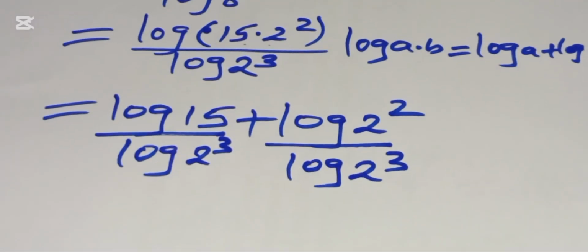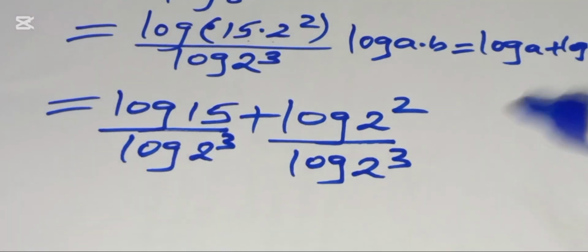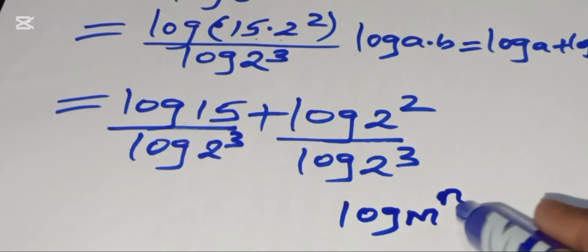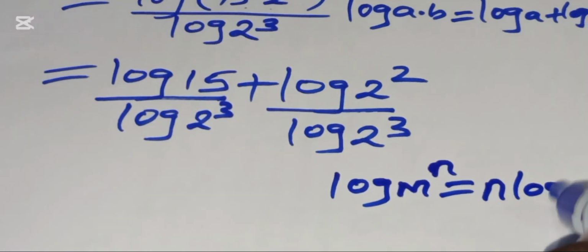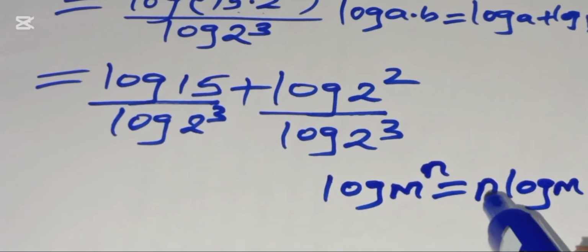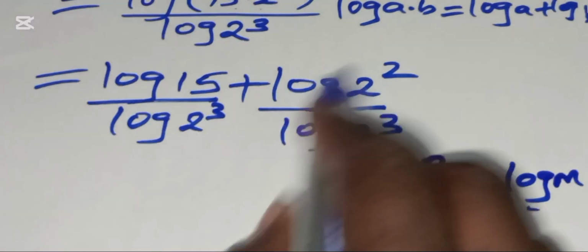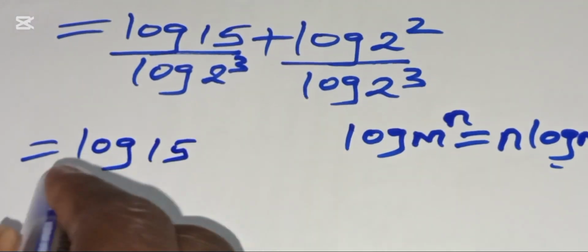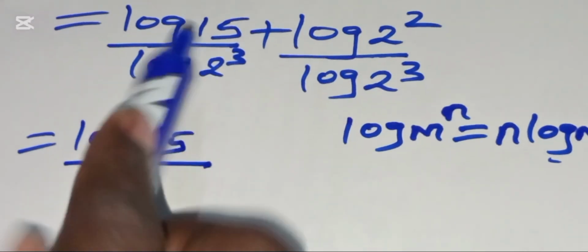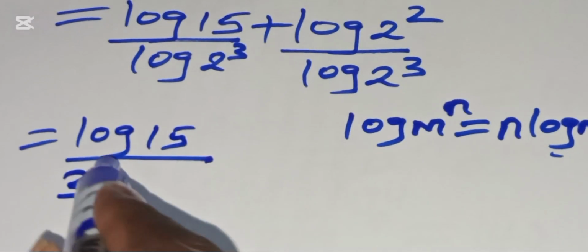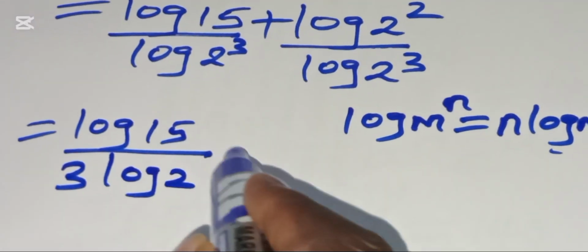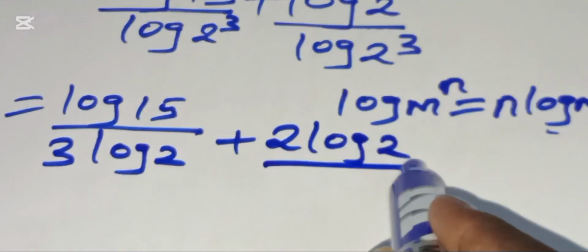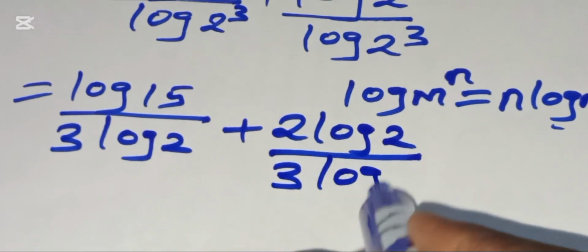Applying the logarithm property that log m raised to power n is equal to n log m, we have log 15 divided by 3 log 2, plus 2 log 2 divided by 3 log 2.